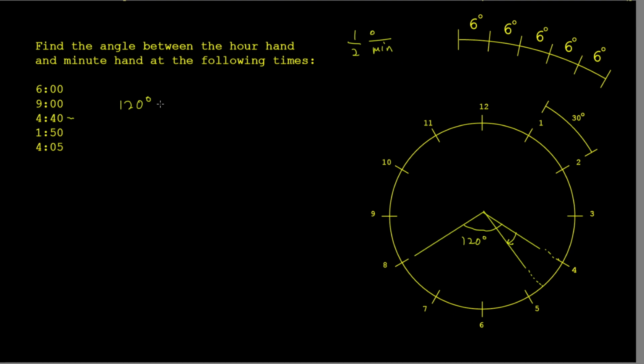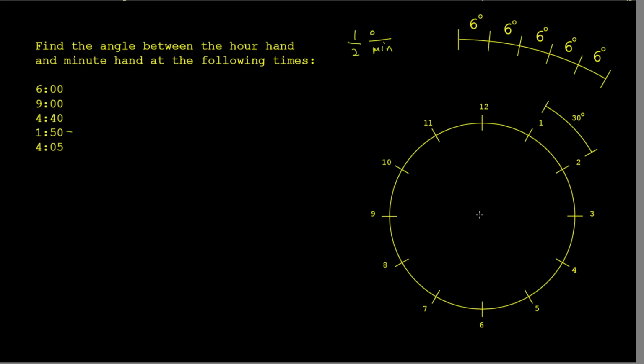I'm going to show it here as moving to decrease the angle, so that's a minus sign. 30 degrees every 60 minutes times 40 minutes. So that is 120 degrees minus 1/2 times 40, which is 20 degrees. So that is 100 degrees. Now I would suggest pausing the video at this point, drawing the circle out on your paper, and do the problem again twice. Now we're going to do 1:50.